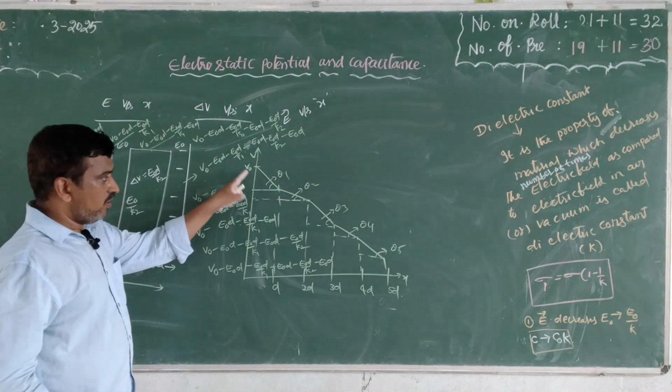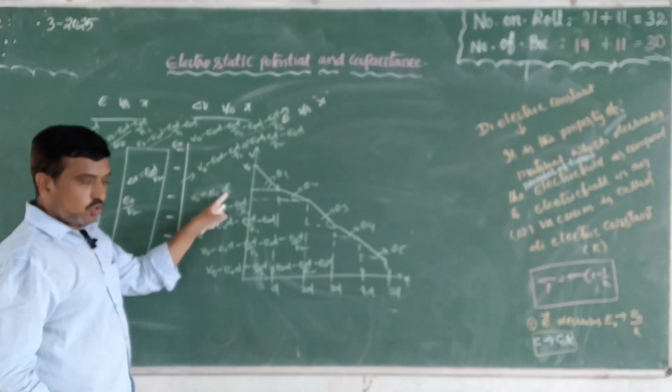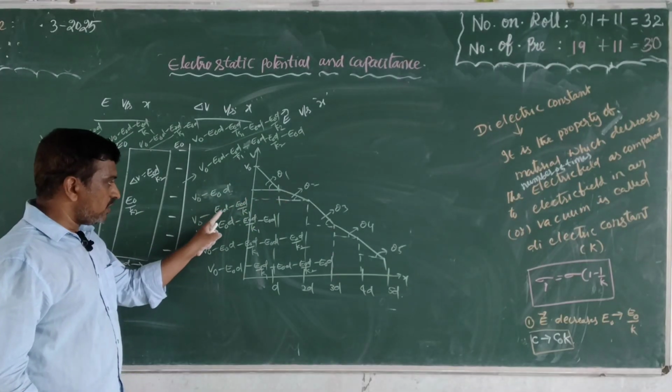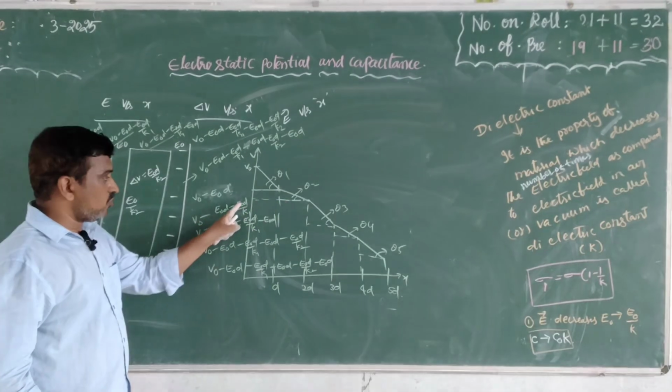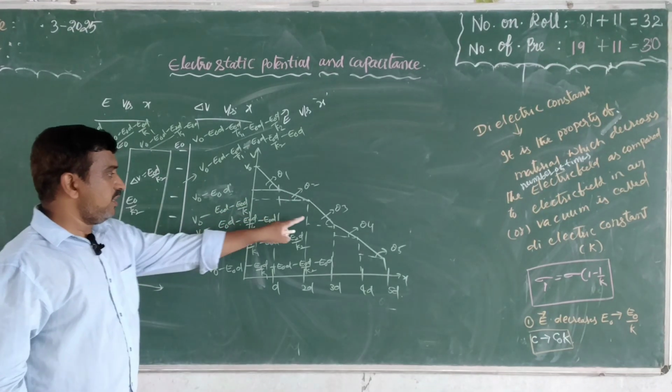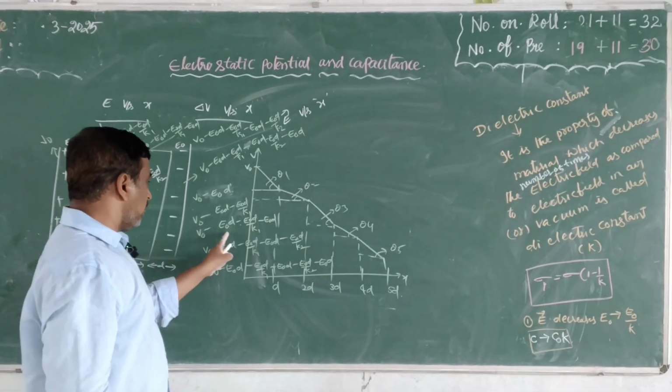Here the maximum is V naught minus E naught d. Where the dielectric is there, it is minus E naught d by k; in the normal air medium it is E naught d.